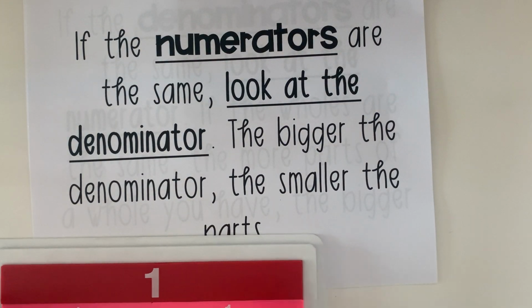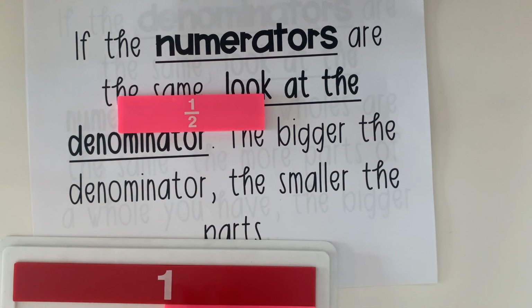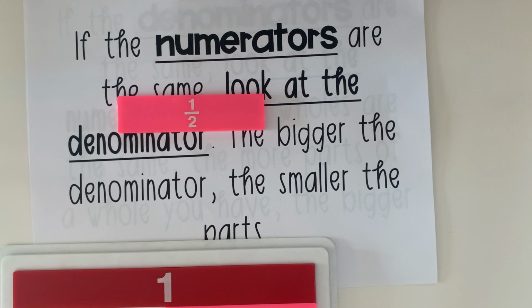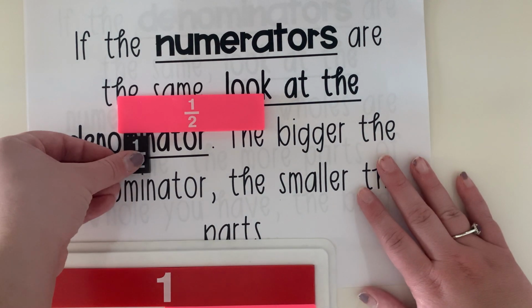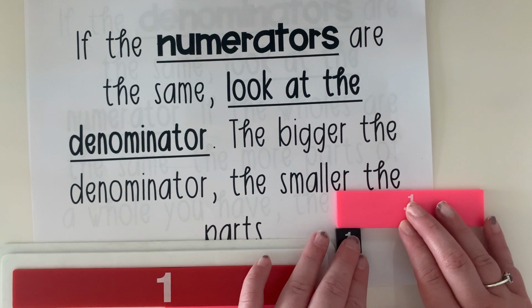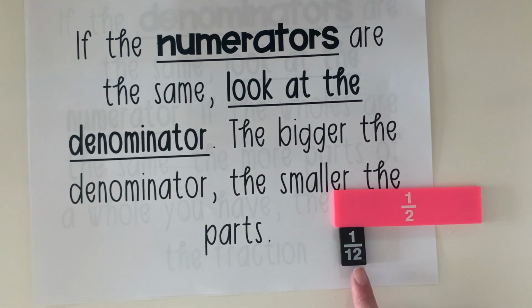But if I take 1/2, 1 over 2, so the denominator is a 2, and 1/12, so the denominator is a 12, 1/2 is much greater than 1/12 because I need to split up this whole piece into 12ths.